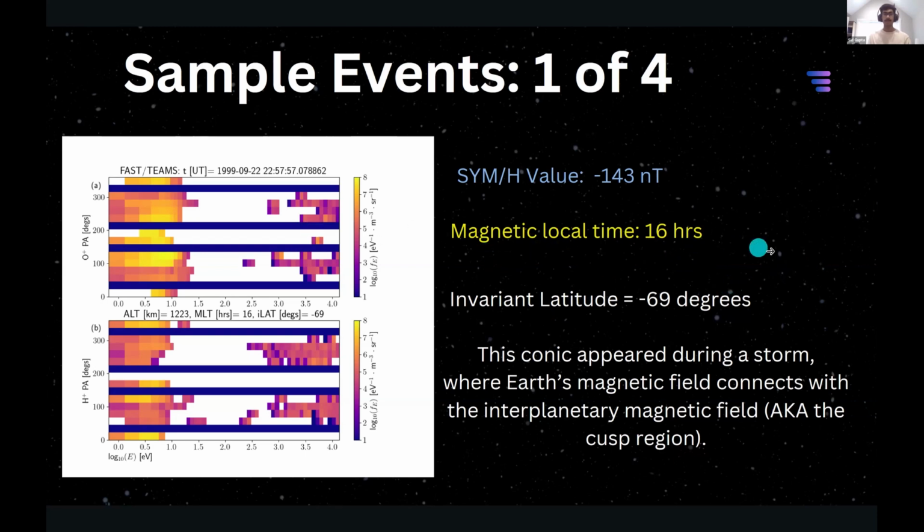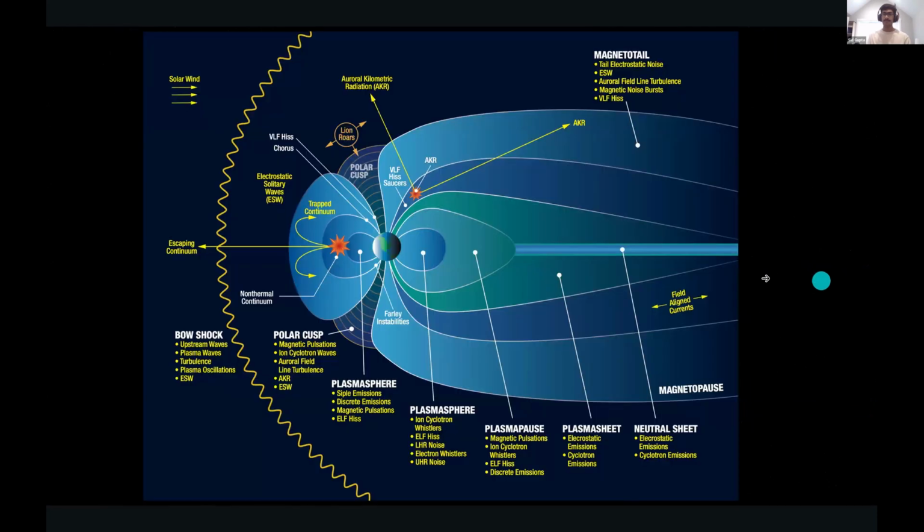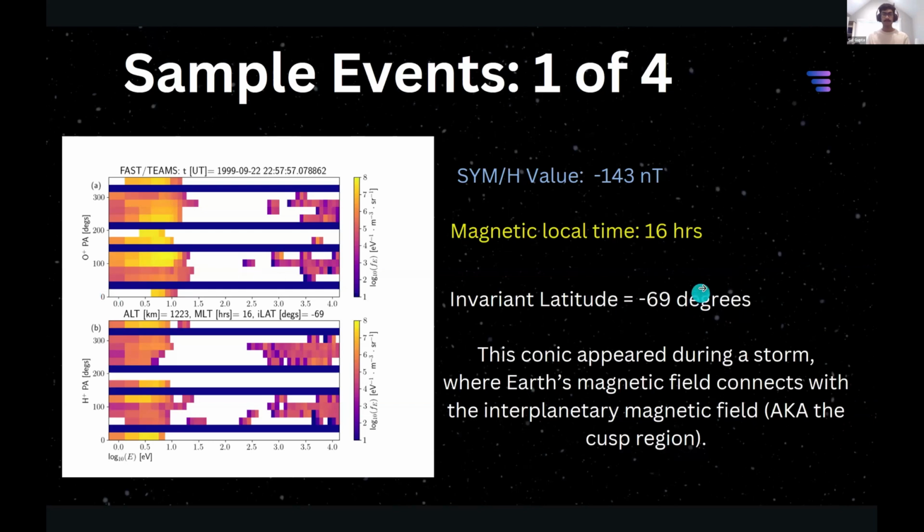Magnetic local time is basically the direction of Earth's magnetic field in relation to the sun. A magnetic local time of 12 means they're exactly in line. A magnetic local time between 10 and 16 means they're pretty close to connecting, and that region is called the cusp region. So this conic appeared during a storm in the middle of the cusp.